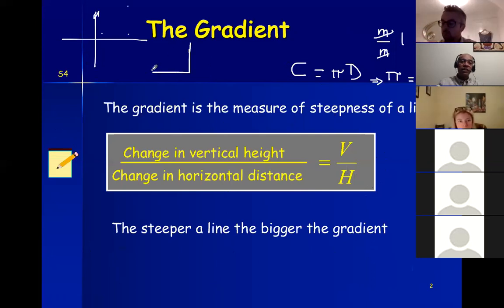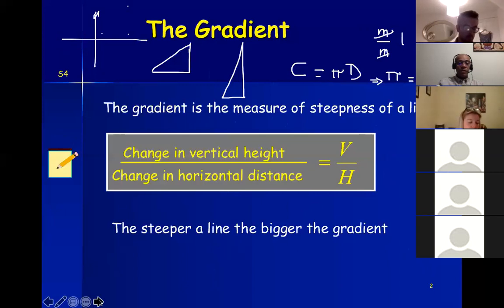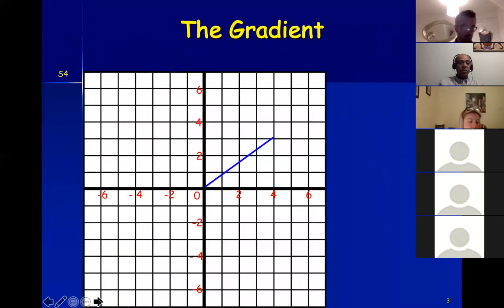So that's how steep that is. 1 divided by 1. But if I've got 10 meter up on 1 meter along, you can see this is much steeper, because this is 10 divided by 1, for example. Okay. So the steeper the line, the bigger the number.